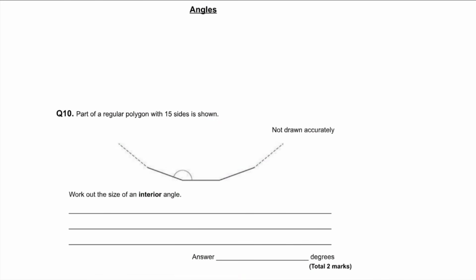Next up, we've got angles, and we need to know a whole bunch of angle facts for this exam. We need to know all the basic ones: angles in a straight line, which sum to 180 degrees; angles meeting at a point, which sum to 360; vertically opposite angles that are equal; and angles in parallel lines.